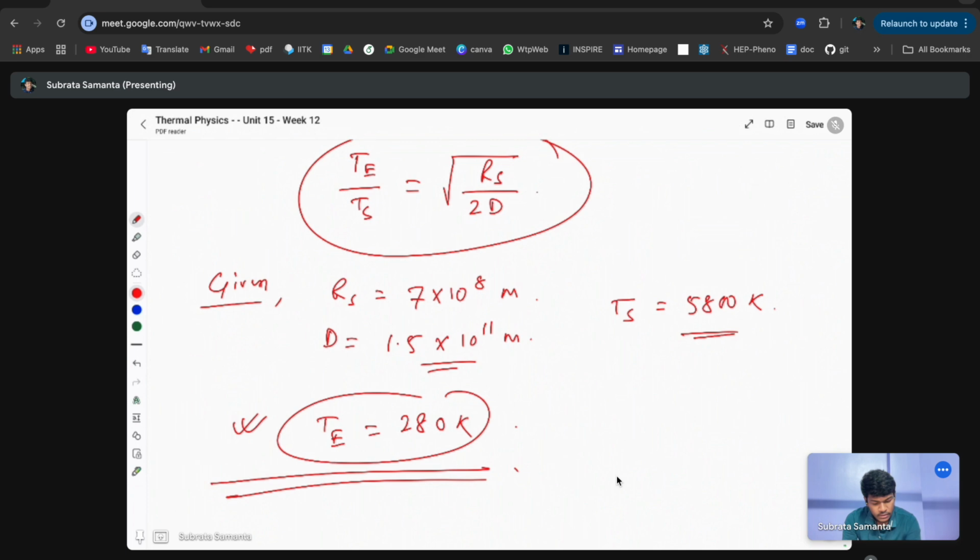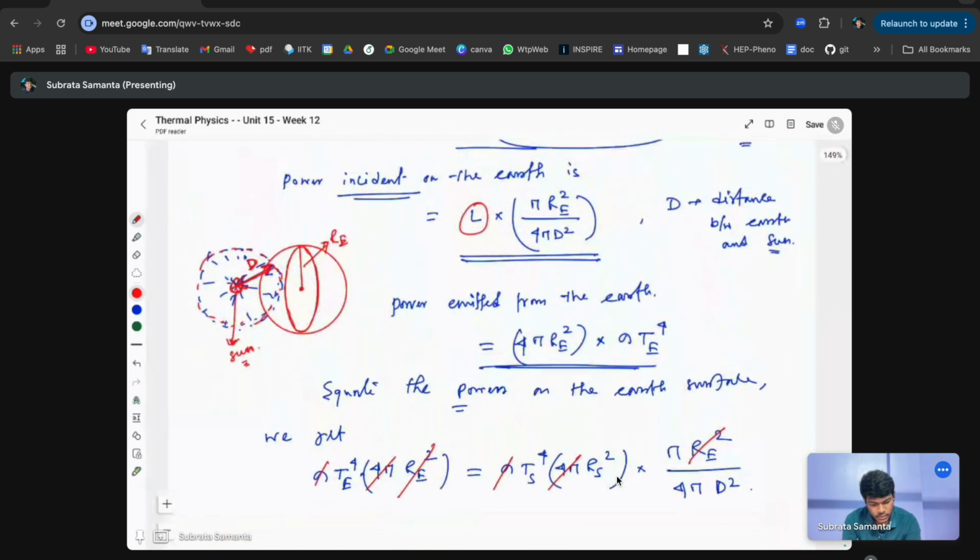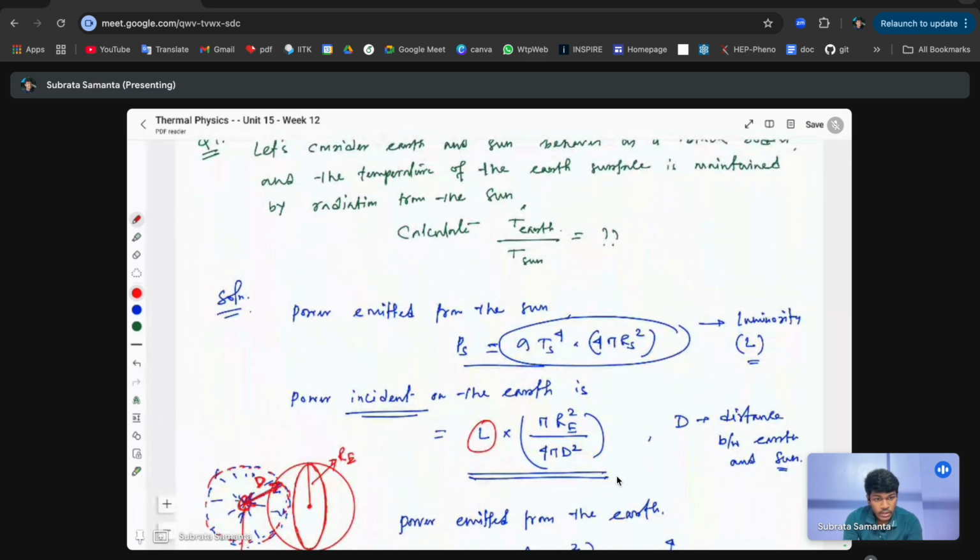So this is the problem. Any question from this? First we calculate the power emitted from the sun, that is basically your luminosity, and this is absorbed on the earth. So you calculate the power incident on the earth. Not all the power is incident on the earth, so there is some fraction, pi r square over 4 pi d square.